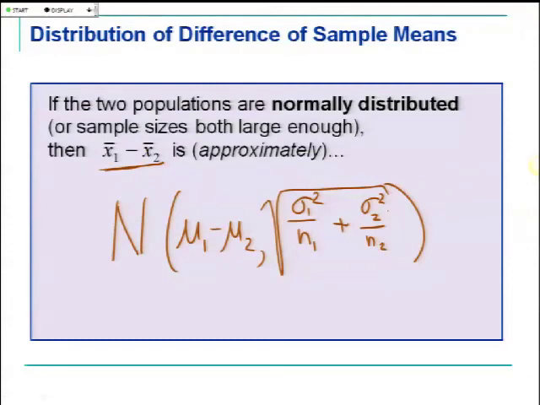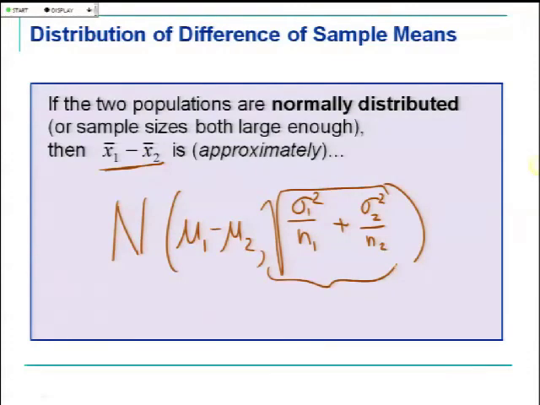Well, not quite. I will know mu1 minus mu2 under an H0 being known. If H0's true, there's no effect, no difference, I know mu1 minus mu2 would be 0. But I won't know sigma 1 or sigma 2.